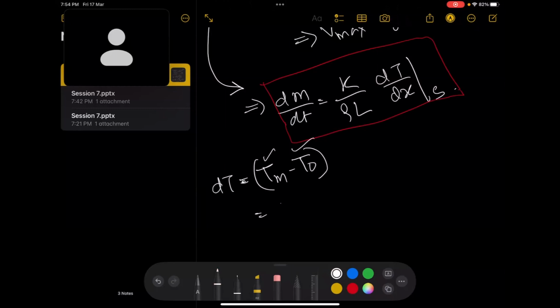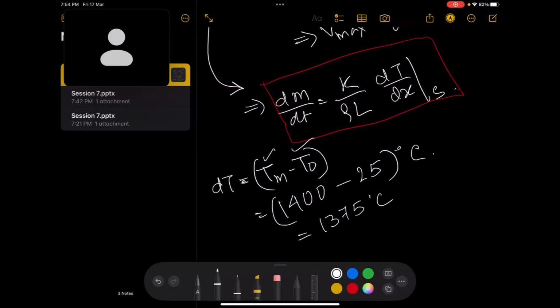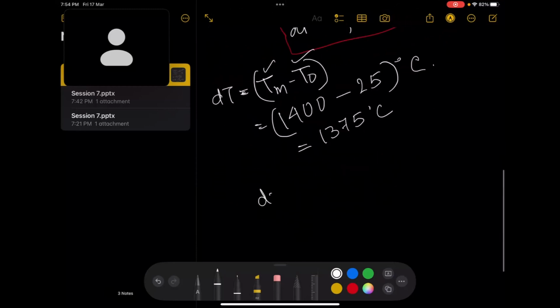So this happens to be 1400 minus the ambient temperature 25, which gives you approximately 1375 degrees centigrade. What is your dx? That is the length of your fusion zone, which was given as 100 centimeters. If you convert that to meter, it becomes 1 meter.